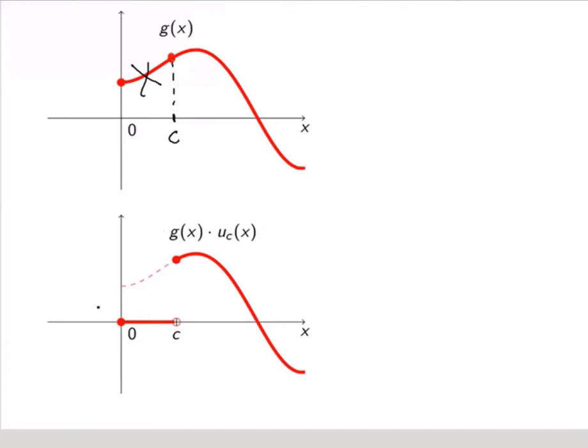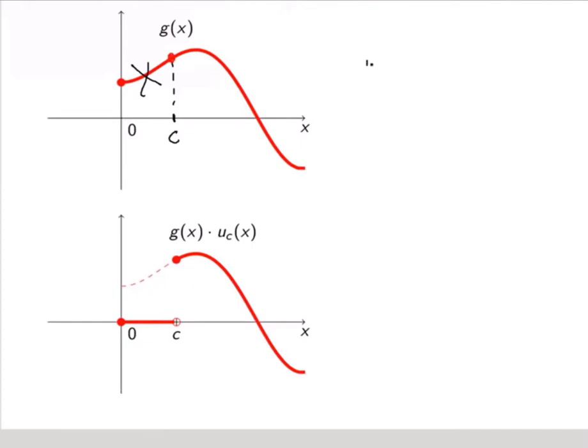We call the new function the cutoff of the original function g of x, and the formula is given by g(x) times u_c of x. Remember that u_c of x is 0 between 0 and c, and that's why we have the horizontal segment, and then u_c of x is 1 from c and beyond, so it doesn't change the graph at all. So this second piece of the graph doesn't change, we only change the first piece.